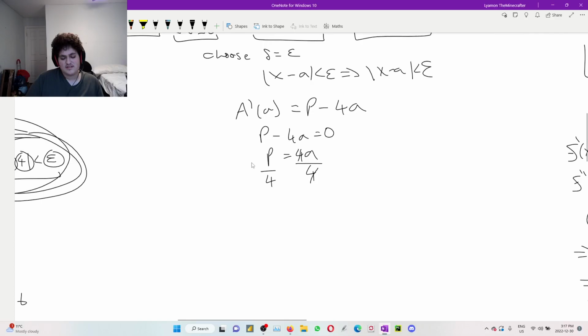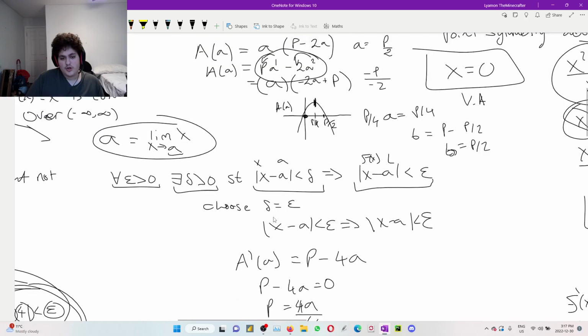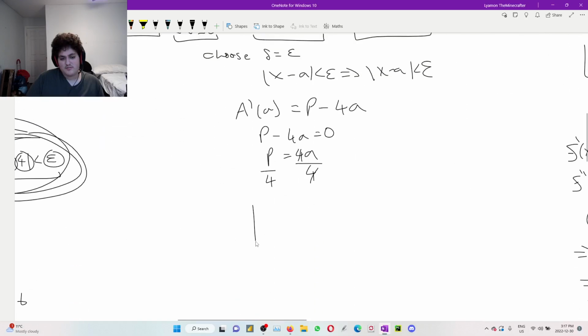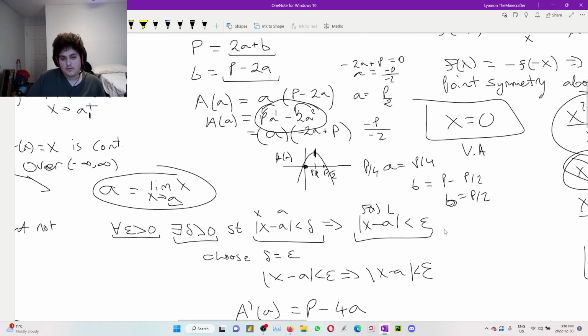And then, to show that this is a maximum and not a minimum, we can just use a chart. We know a will range from 0 to infinity, and our initial expression was just a times p minus 2a.